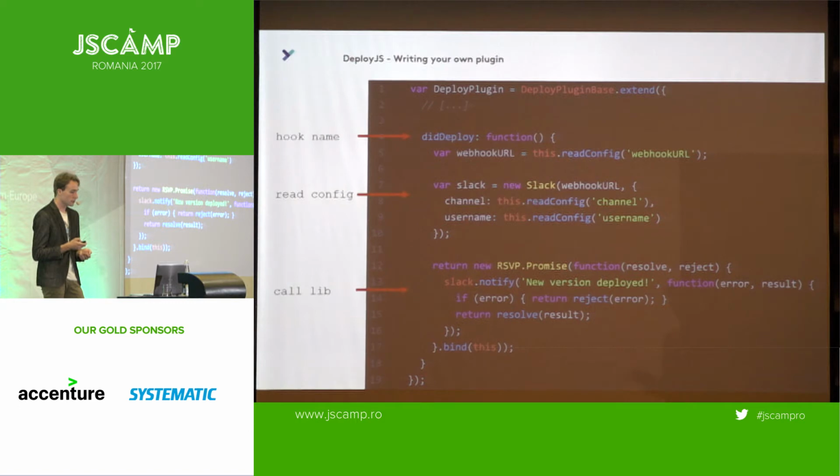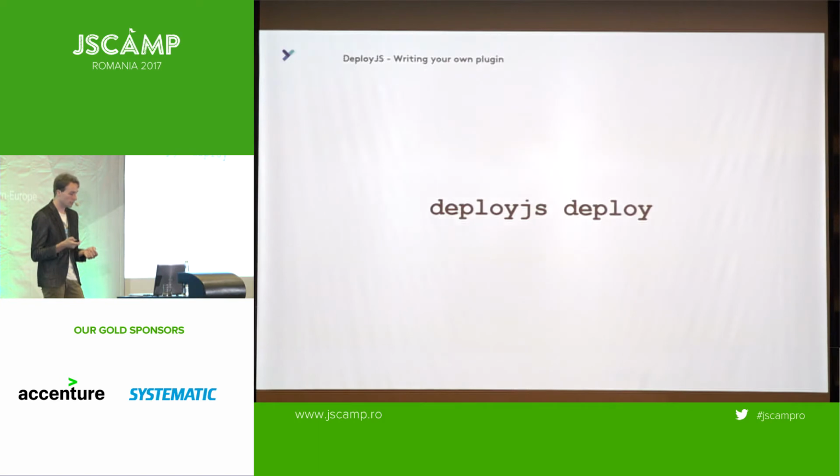Then the deploy hook gets called. This is one of these pipeline steps, and the configuration would be read out. It would call the library that a new version was deployed, and when running then DeployJS deploy, you'll see also the notification in Slack.